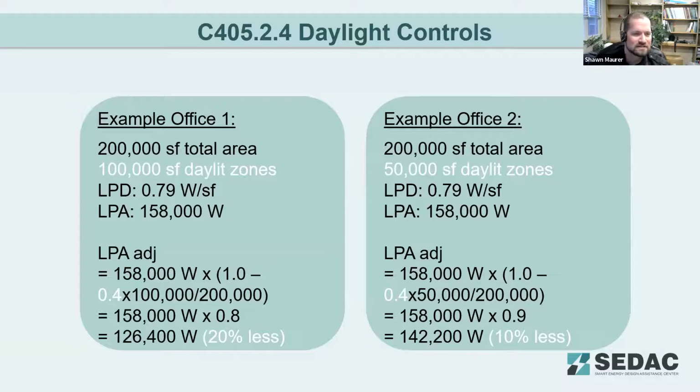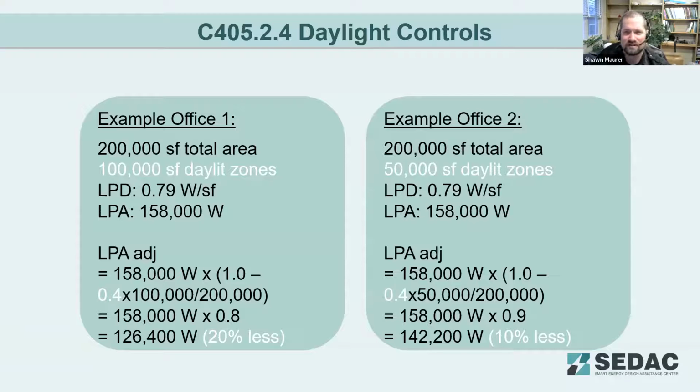Calculate your lighting power densities. So the way this works is if your lighting power density is 0.79 watts per square foot, your lighting power allowance is 158,000 watts. If you take off that 40% of that 100,000 square foot daylit zone, that reduces your lighting power wattage to 126,400 watts.